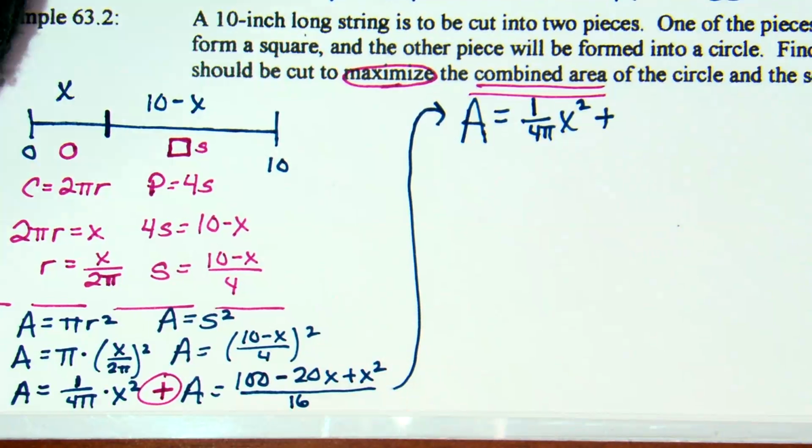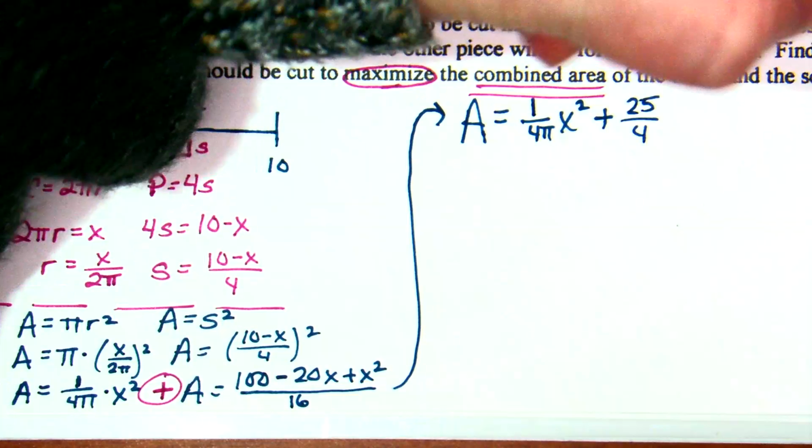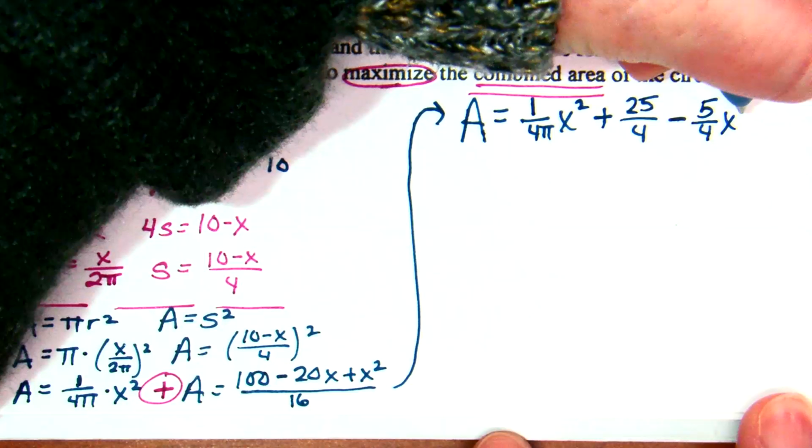So I'm going to say 25 over 4 minus 20x over 16. If we reduce, it's minus 5 over 4 x plus x squared over 16. I'm going to write 1/16 x squared.